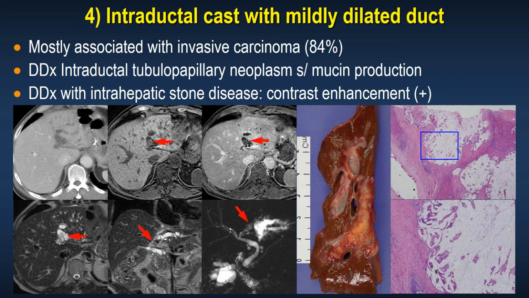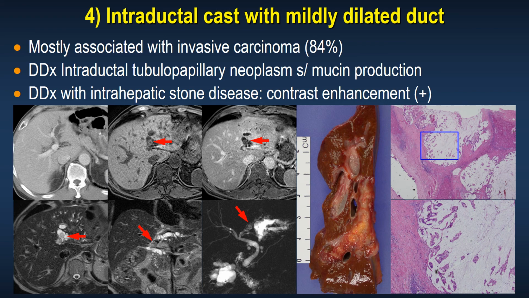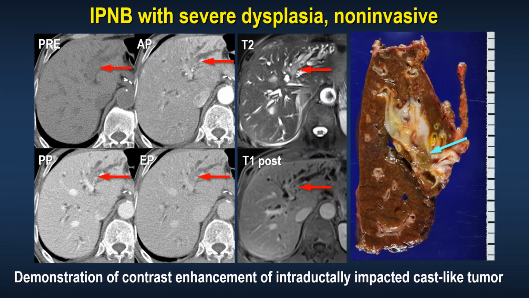For the differentiation, it is important to determine whether the intraductal lesions enhance on post-contrast images. In this case, impacted material is observed in the mildly dilated duct, which shows higher attenuation on post-contrast CT than on pre-contrast CT, suggesting presence of contrast enhancement in the lesion.